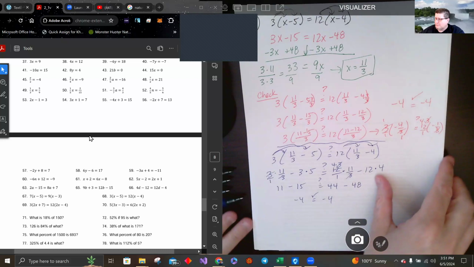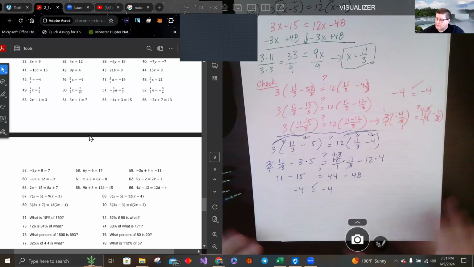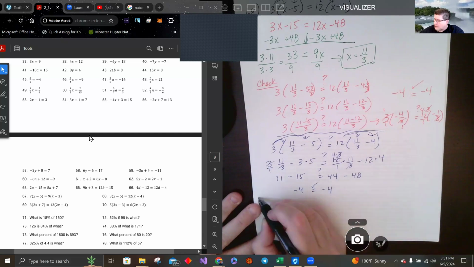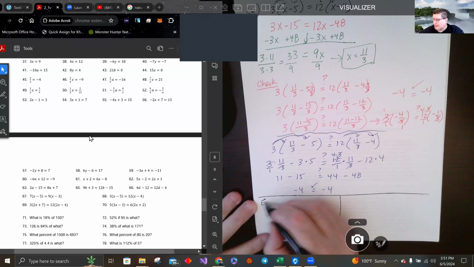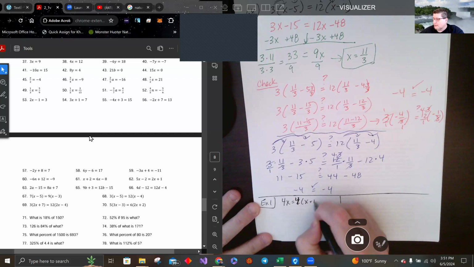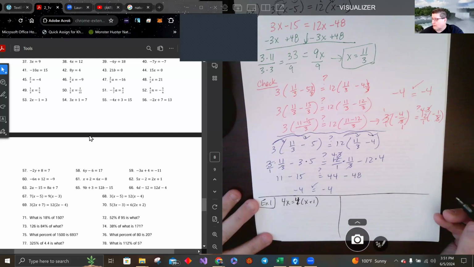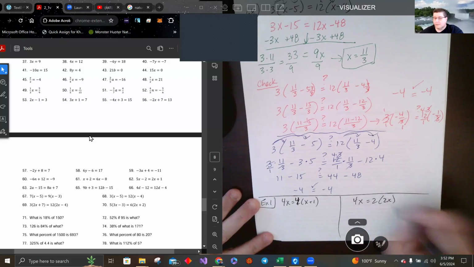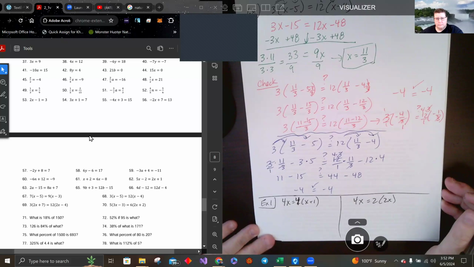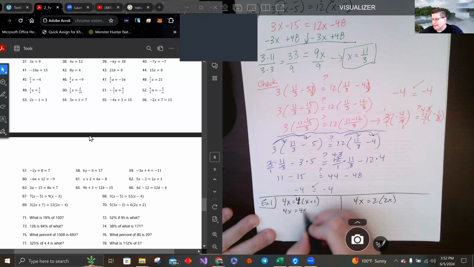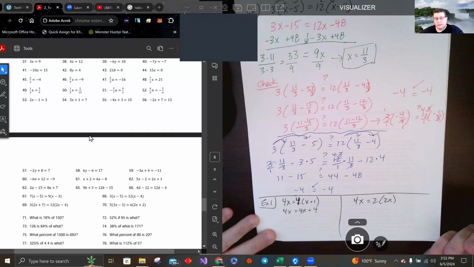Some things you might run into. So I'm going to do example 1 and example 2 real quick. 4x equals 2 times x, or 4 times x plus 1. And over here, I'm going to do 4x equals 2 times 2x. So if I distribute here, I get 4 times x is 4x. 4 times 1 is 4.